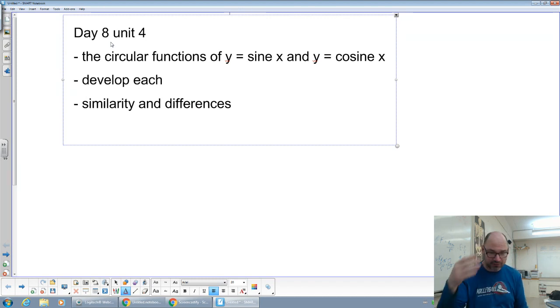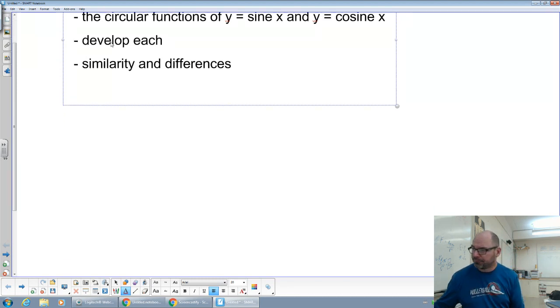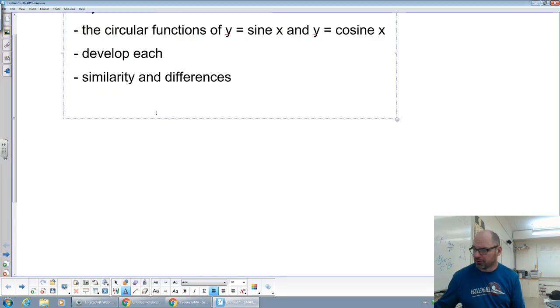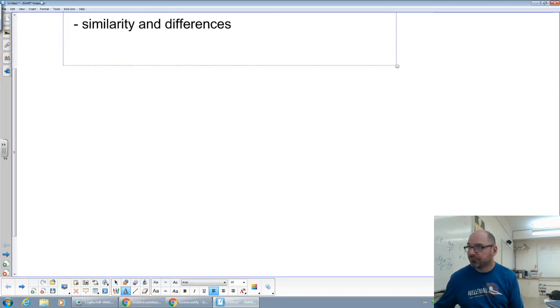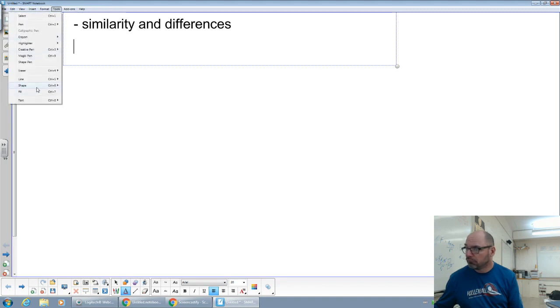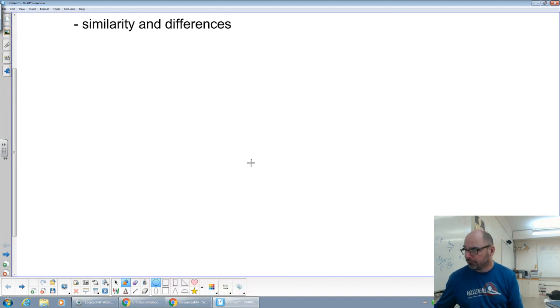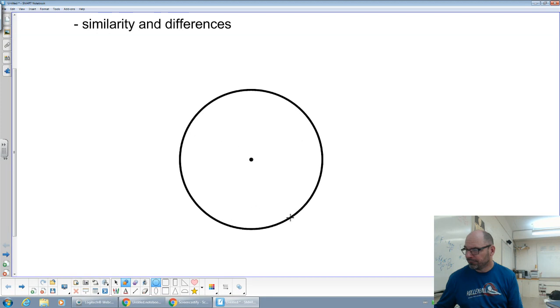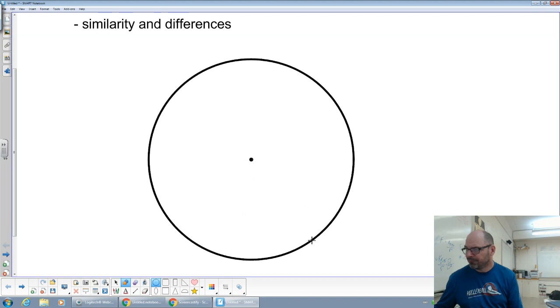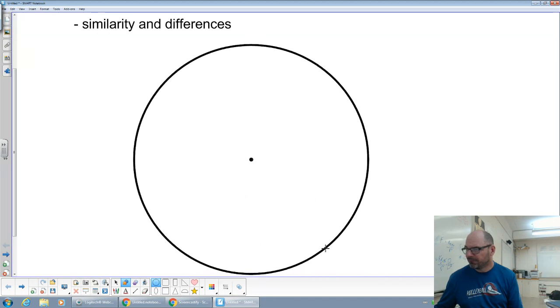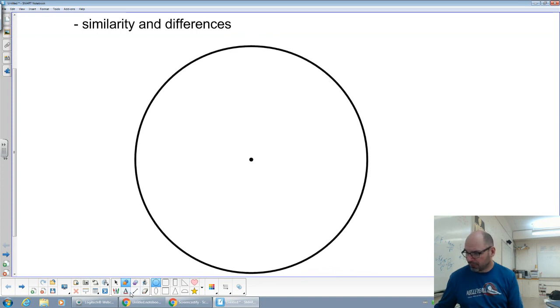The first thing is, let's take a look at the circular function here. So let's draw a big circle, and break it into the coordinate planes as well.